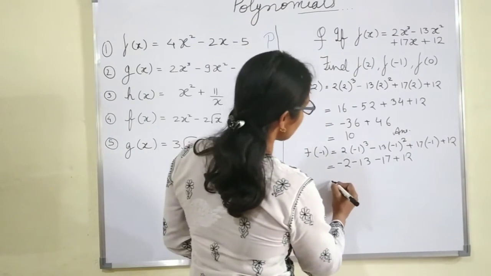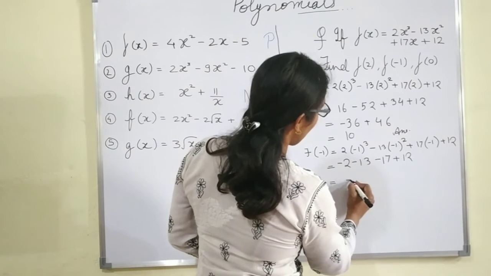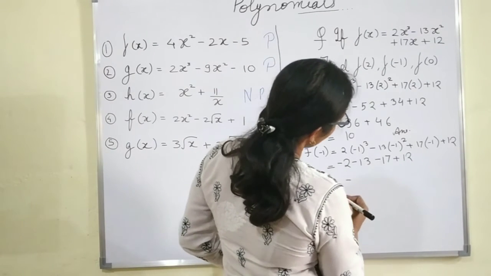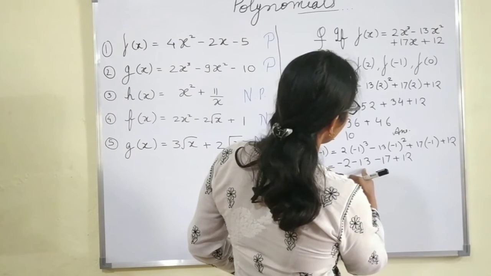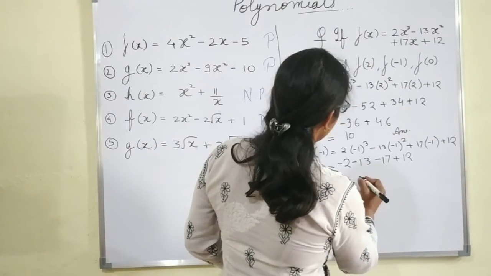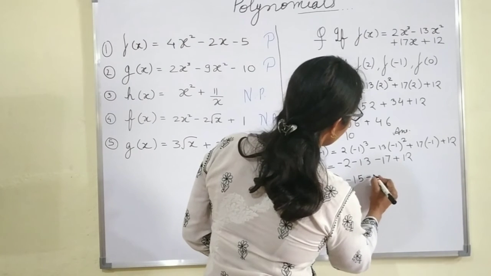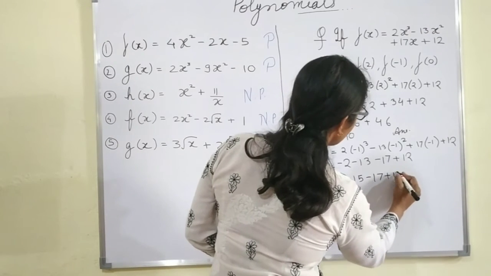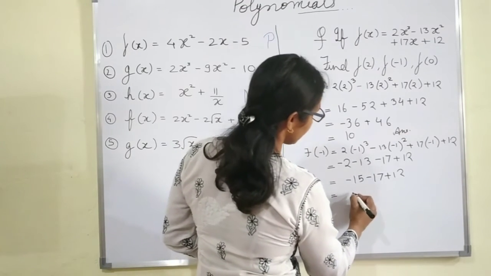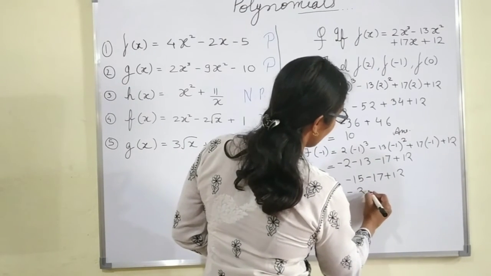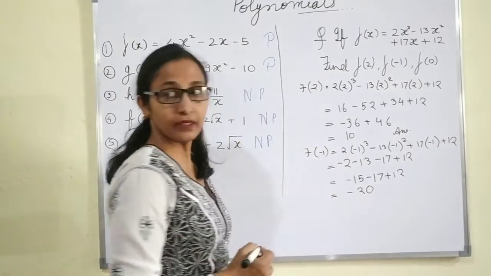So our answer is minus 20. Minus 15 minus 17 plus 12. So yes, it's minus 20.